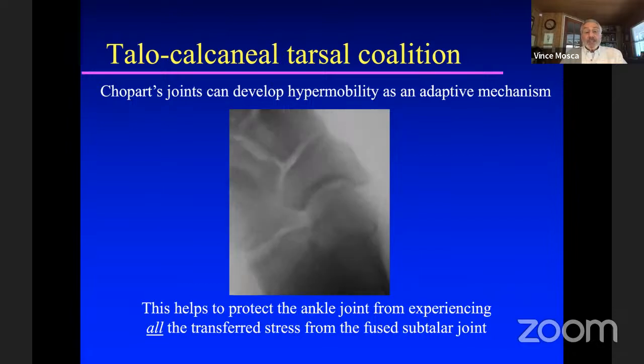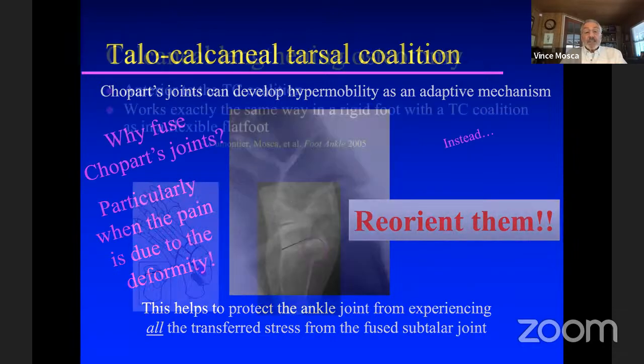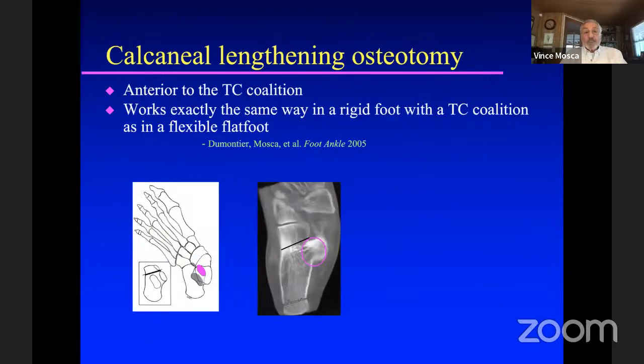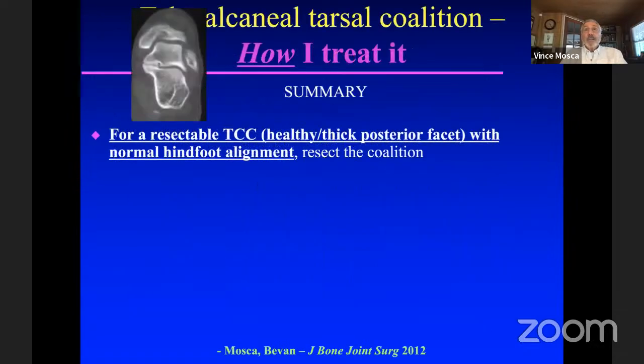If in this situation, you instead reorient the joints with deformity correcting osteotomy, which works just like it does in a flat foot, distal to the coalition, then you can preserve Chopart joints, correct deformity, and relieve the pain due to the deformity. And that can be done either with or in place of resection.